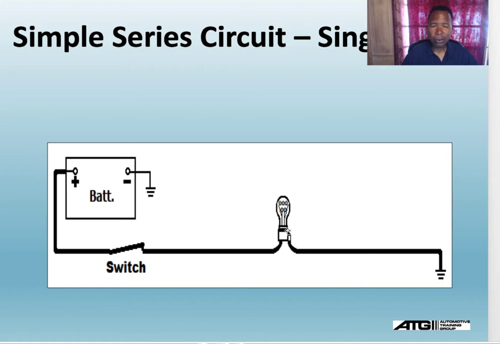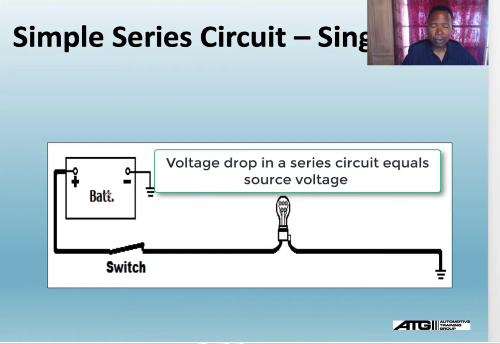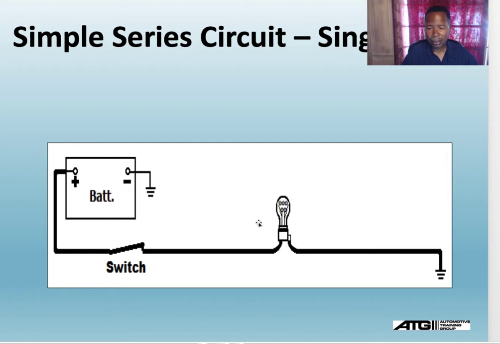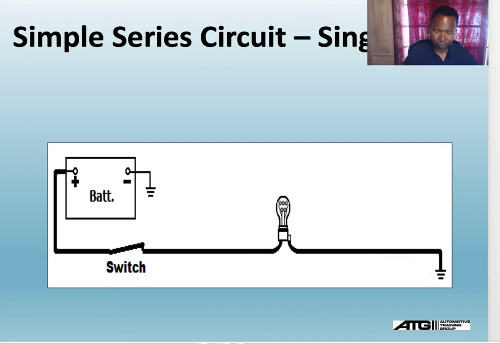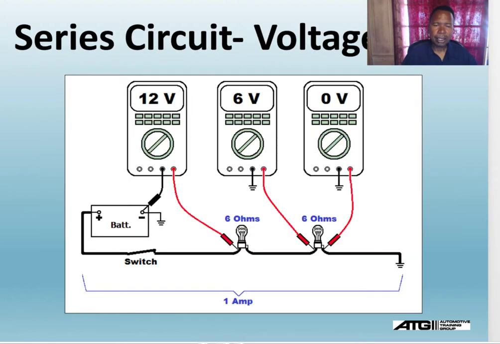This one load should drop the total voltage from the battery. So if this is a 12 volt battery, that load, if I do a voltage drop across it, should drop 12 volts. My current should be the same here and here in a series circuit. Now I don't know why they call this a voltage drop.